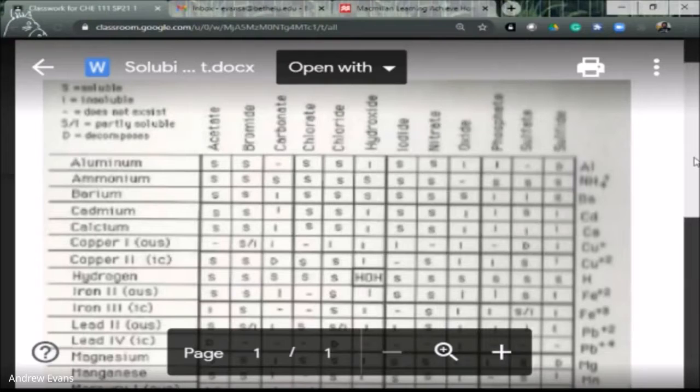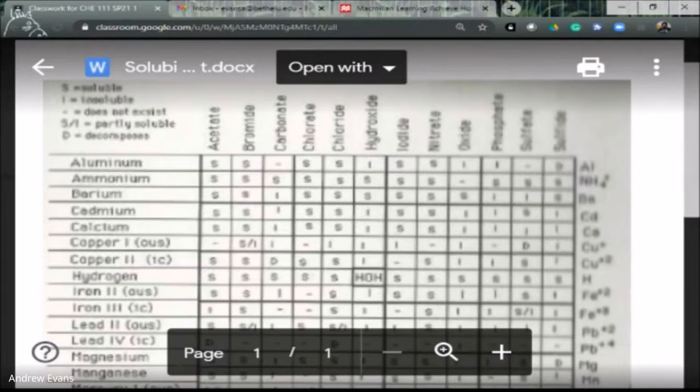If I had something like cadmium nitrate and sodium chloride, and I asked, would a solid form? What would I have to do?